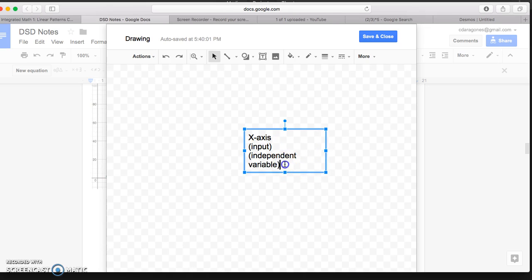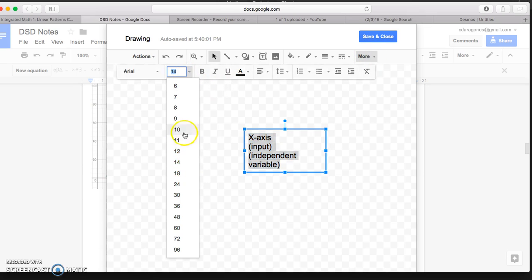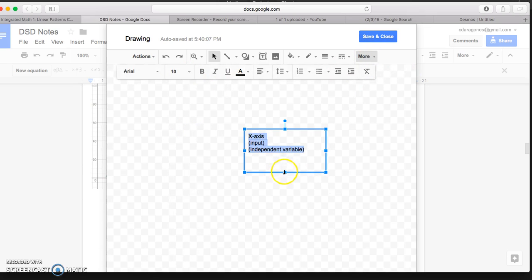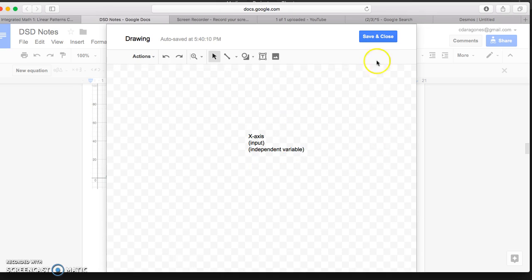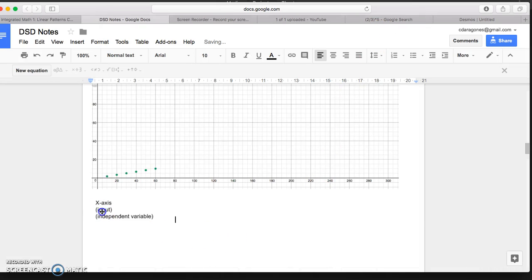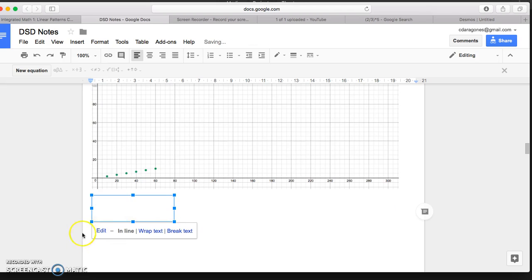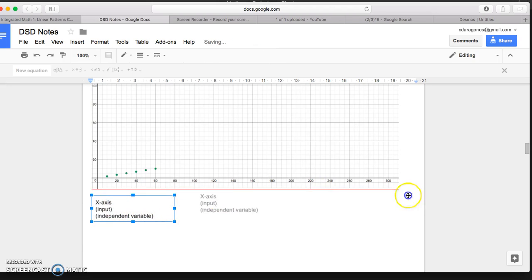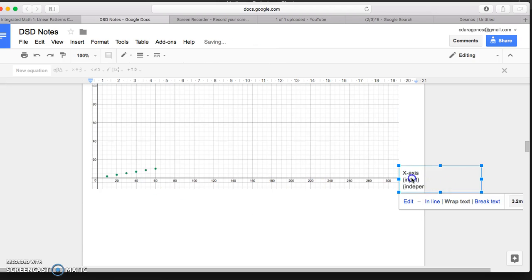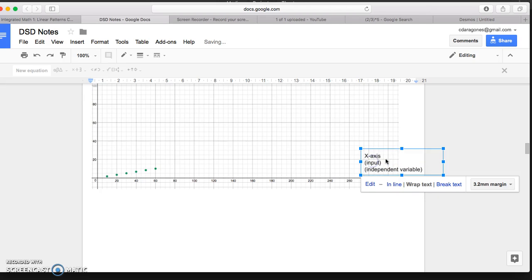Really important that these three things are all ringing the same bell. Whenever you see input, whenever you see independent variable, whenever you see x variable or x coordinate, these are things that are ringing a bell as being the same thing. So there's my x-axis.